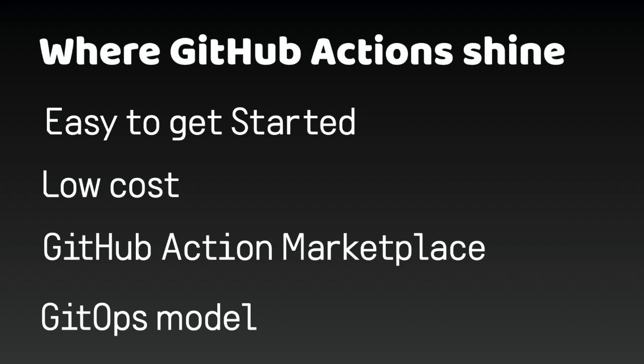There are a few reasons where GitHub Actions shines. First, and probably the biggest benefit, is that it's easy to get started. GitHub Actions is built right into GitHub repos and it's even possible to learn without installing anything on your computer. Previously, I used Jenkins, Azure DevOps, and Argo, and I can confidently say that GitHub Actions was the easiest one to get started with.